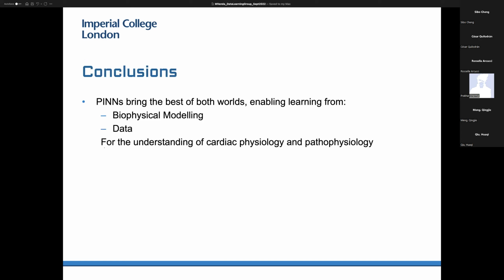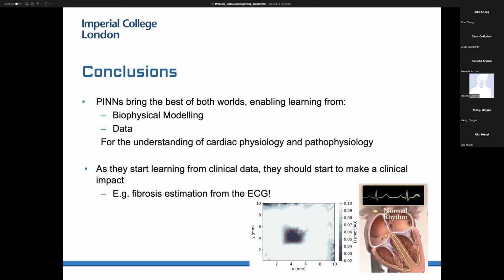So just to conclude, I hope I've convinced you that PINNs bring the best of both worlds and get some of the benefits of biophysical modeling and from data learning together, and that we can do that for the understanding of cardiac physiology and pathophysiology. And as we continue this line of work, hopefully we should start seeing a clinical impact from this.